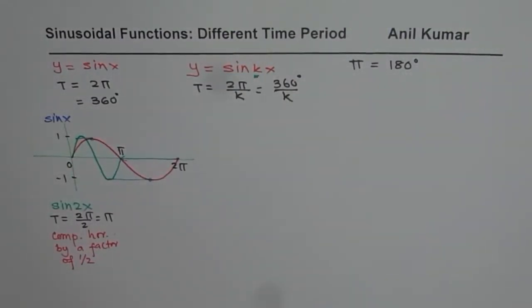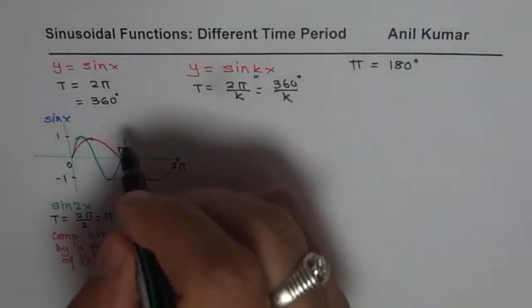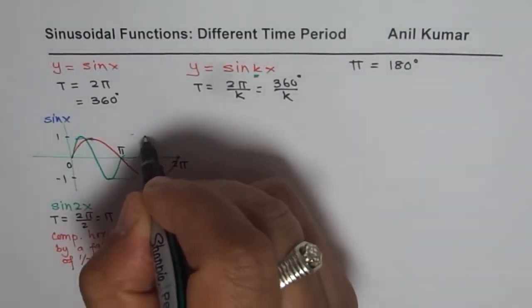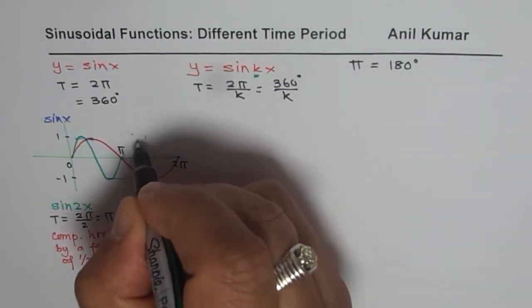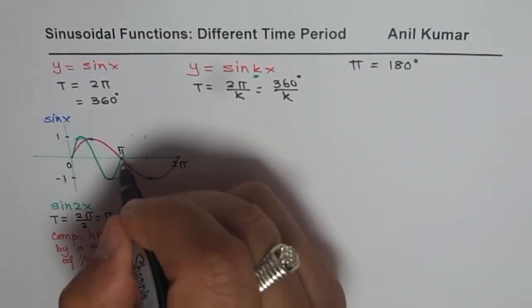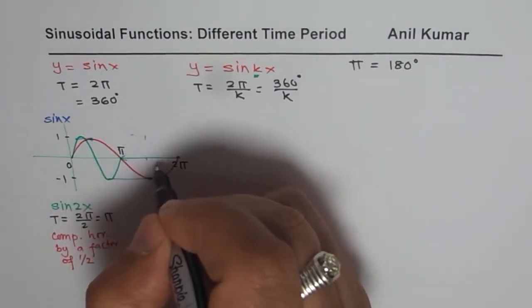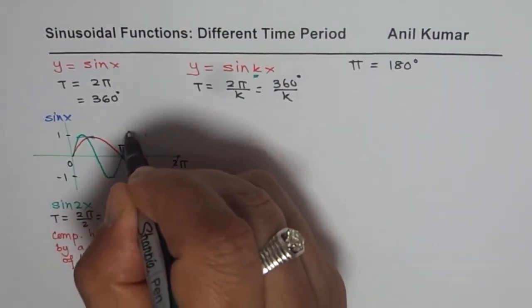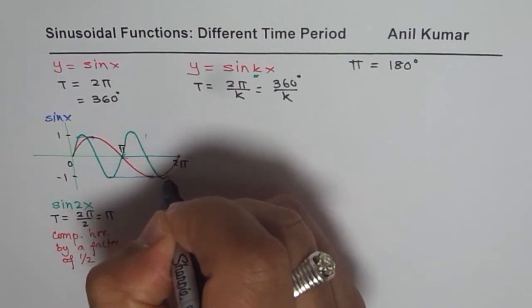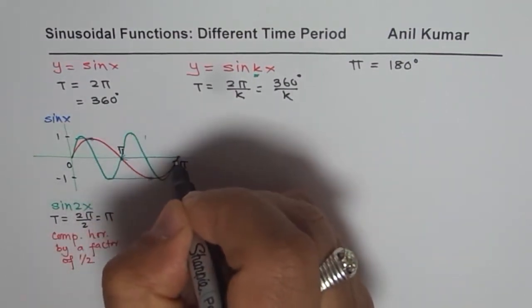This is one way of looking into it. The other way of looking into it is that in 2 pi we will have two waves. If I repeat this wave here, what I get is two waves.